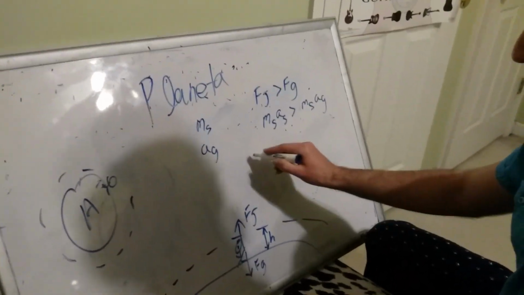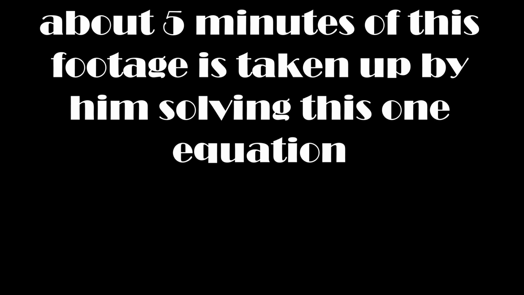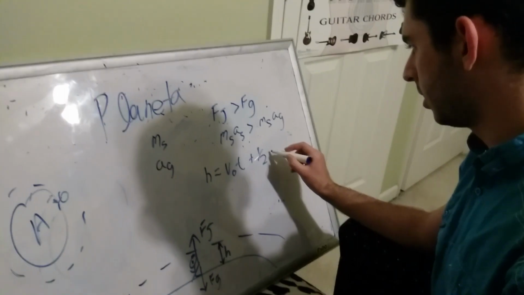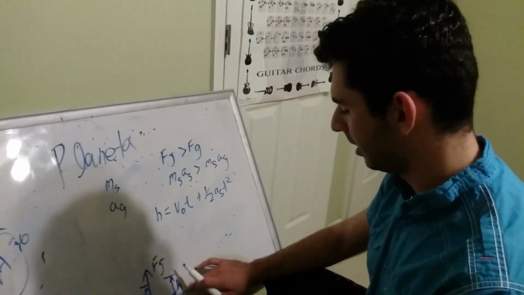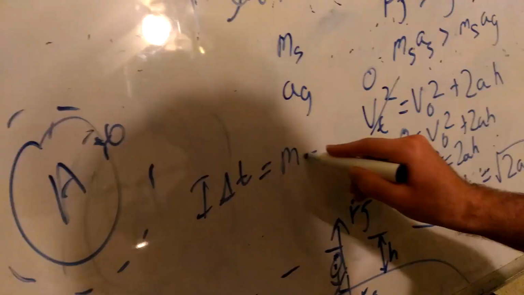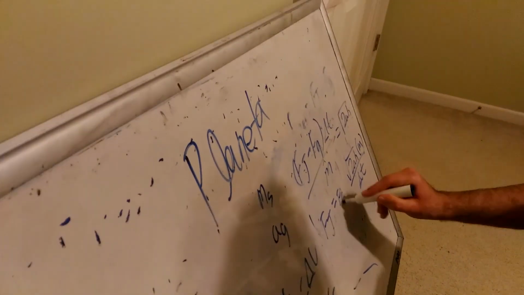So we know that for the vertical thing, we have h equals the initial velocity times time plus... to a h times m divided by delta t, all of this plus F of g.